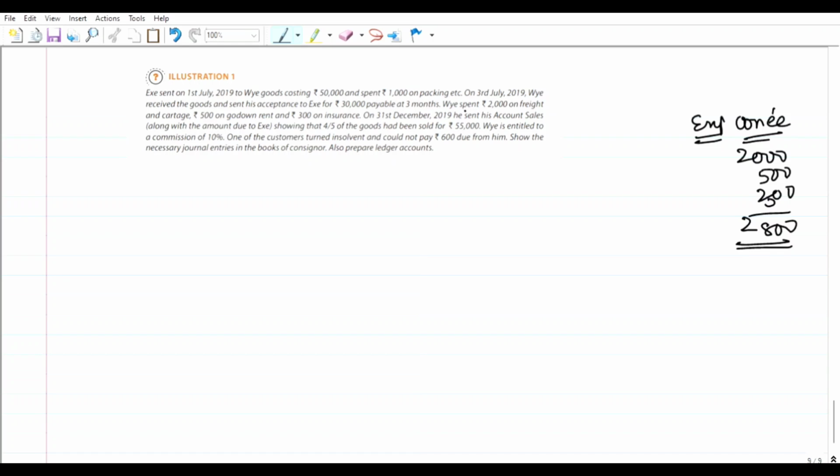On 31st December 2019, he sent account sales. Account sales is nothing but a document. When we come to account sales, there are two things I forgot to say. First one is the pro forma invoice, and next one is account sales.